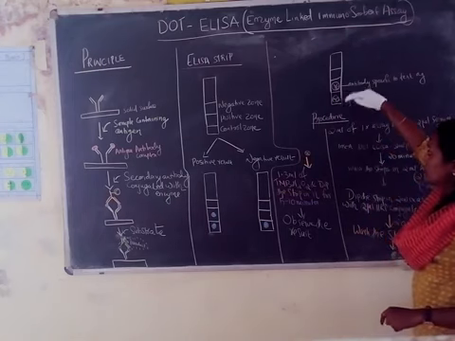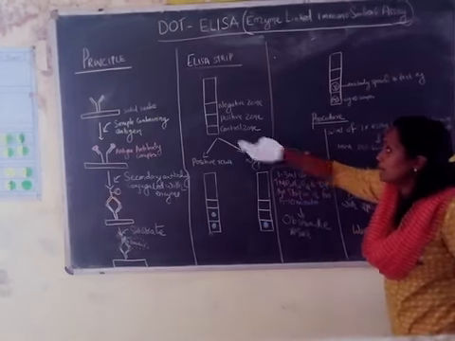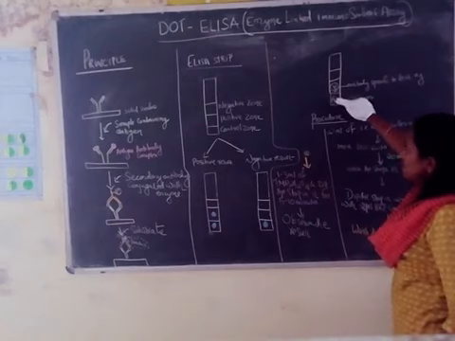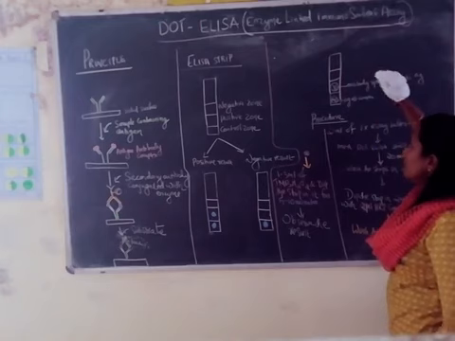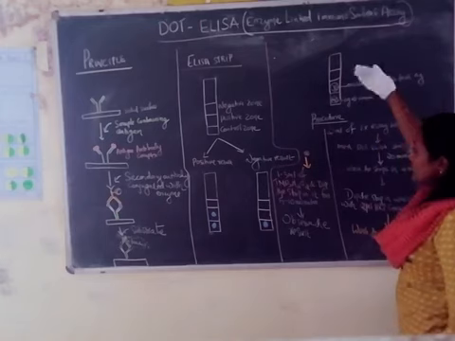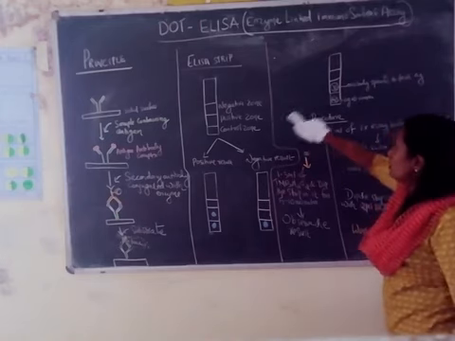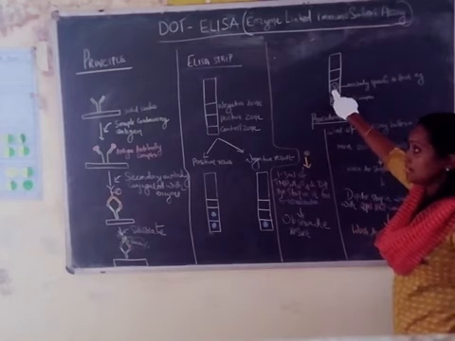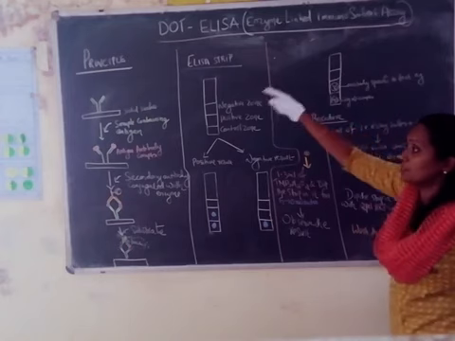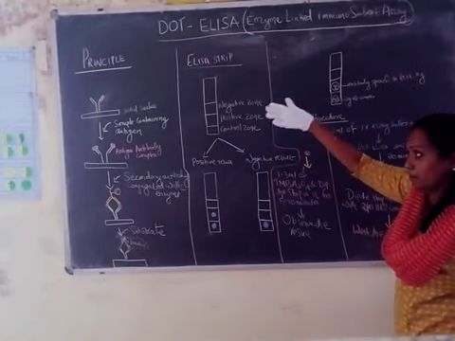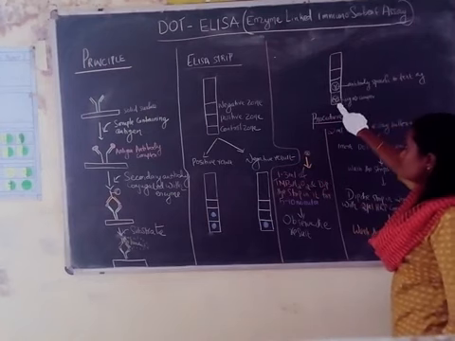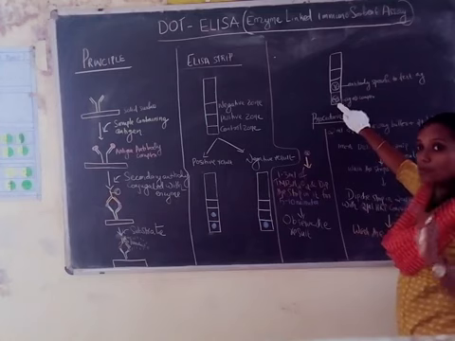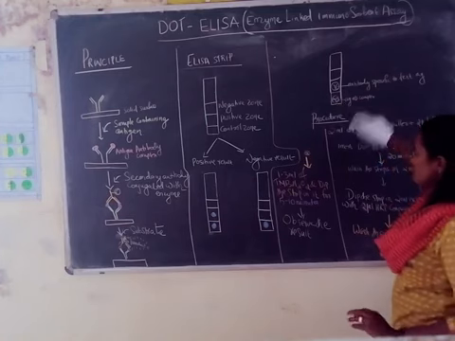In the third zone, the control zone, an antigen-antibody complex is already there and it is fixed to that particular region. Whereas in the second zone, the positive zone, only antibody is there. Which antibody? The antibody which is specific to the antigen you are looking for. So here one antibody is immobilized, whereas in the control zone it is already bound with an antigen-antibody complex.